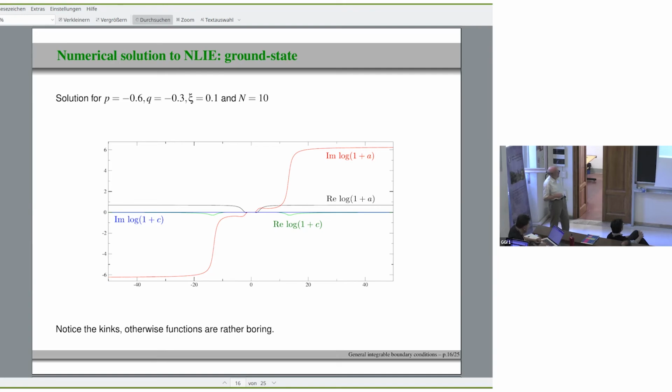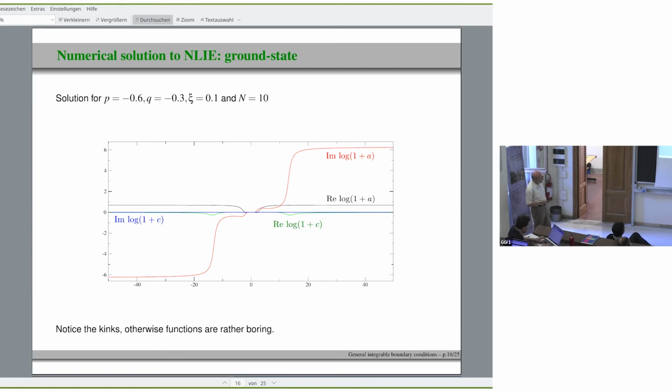It actually shows a transition, a winding by plus 2 pi i. And the function log c, actually it's log of 1 plus c, looks not so dangerous, it takes very small values. So the dangerous part actually is this winding in the imaginary part.